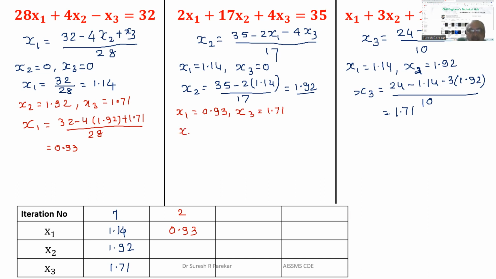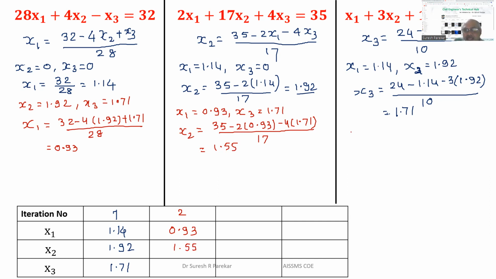From this we get x2 equal to (35 minus 2x1 minus 4x3) divided by 17, and this value is 1.55.